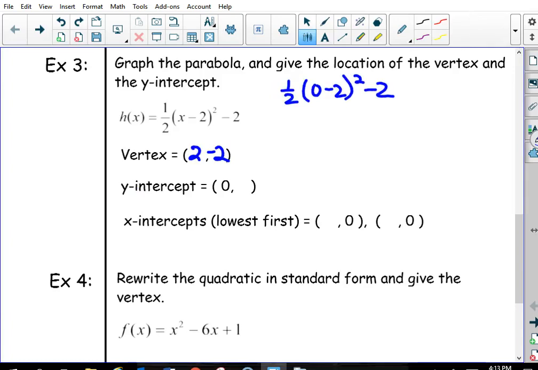So I get negative 2 squared, which is 4, divided by 2, I get 2. 2 minus 2 gives me a 0. That's kind of nice. And so my y-intercept is 0, 0, and we're going to figure out the x-intercepts when we graph this thing.